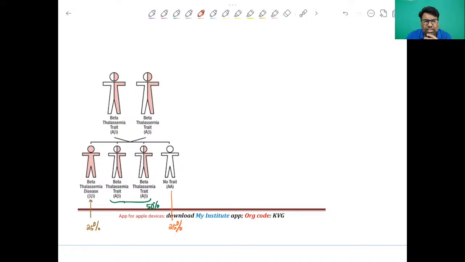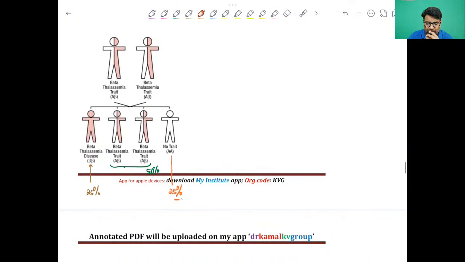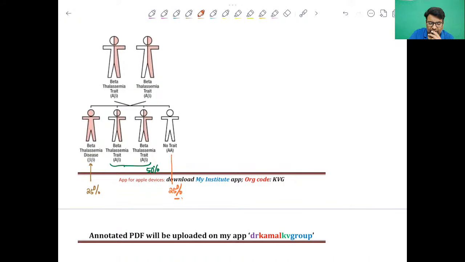Clear? So this is the case. 50% will be trait, 25% will be normal, 25% will be affected. Okay, so this is how beta thalassemia inheritance is discussed if both the parents are trait. Okay, so 25%, 50%, and 25%.